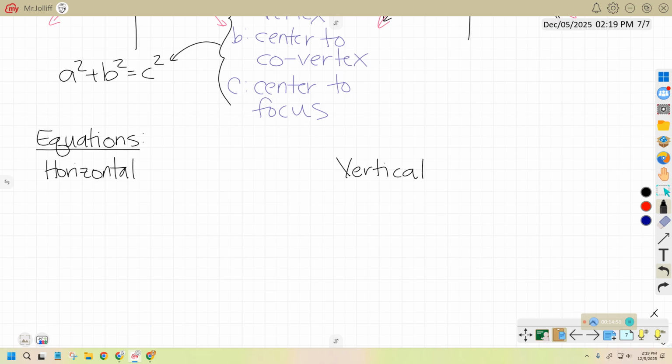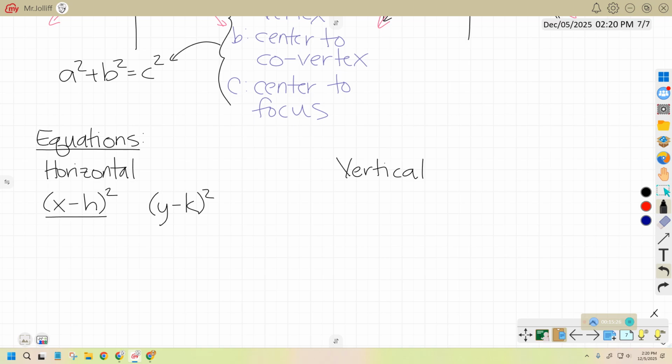Yes, they do. All right, so I mentioned when we started this, that these guys are similar to ellipses. That shows up in their equations. What does the equation of an ellipse look like? Parentheses. What else?